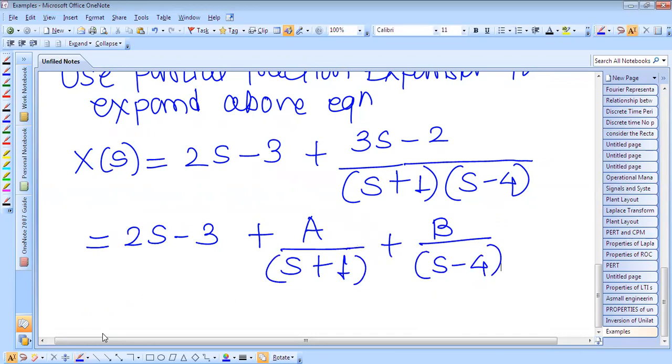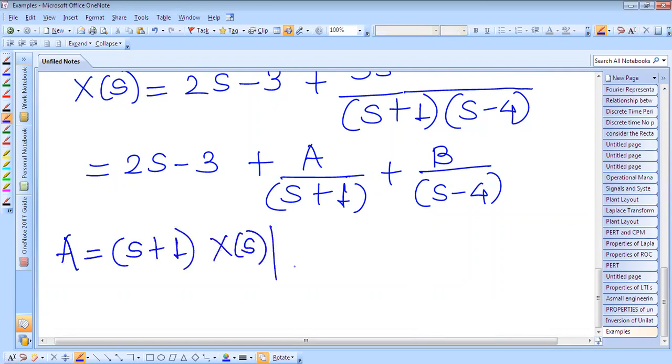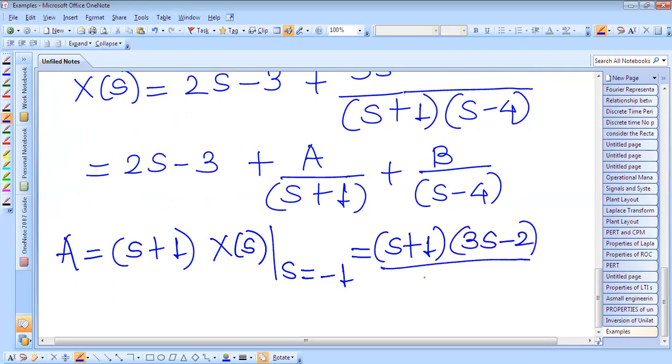How can we find this coefficient? A is equal to s plus 1 into X of s at s equal to minus 1. X of s is 3s minus 2 divided by s plus 1 times s minus 4.